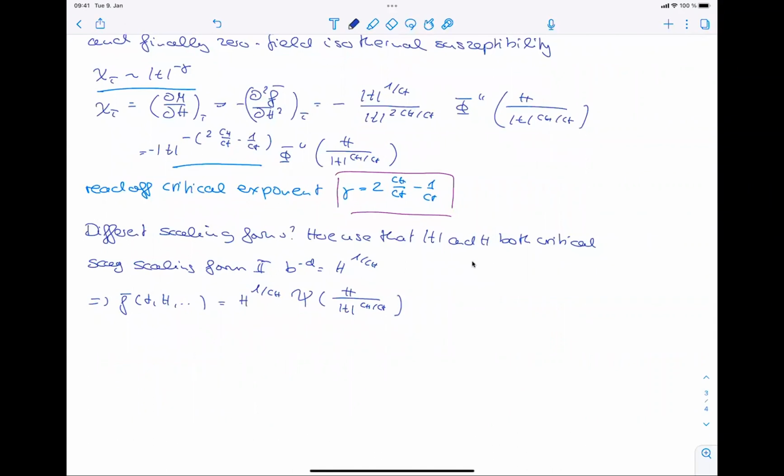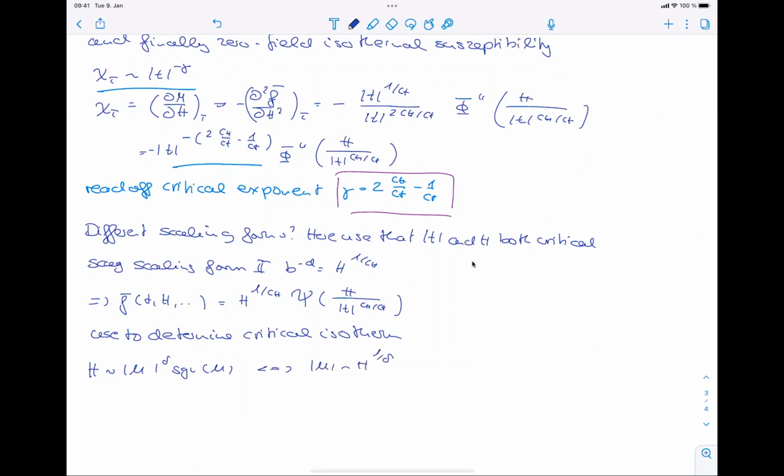And we use this scaling form 2 now to determine the critical isotherm, which is defined by magnetization to the power of delta, which we can also write in the following form.